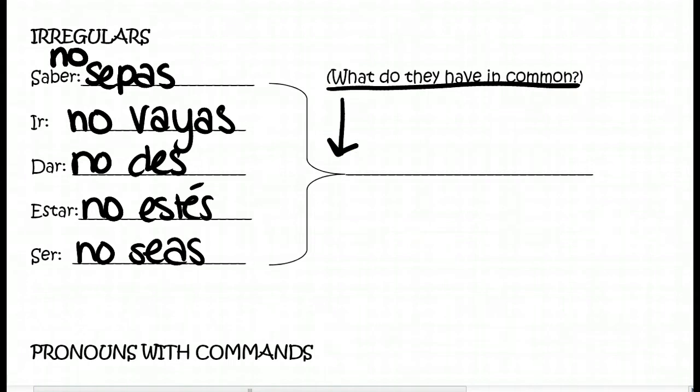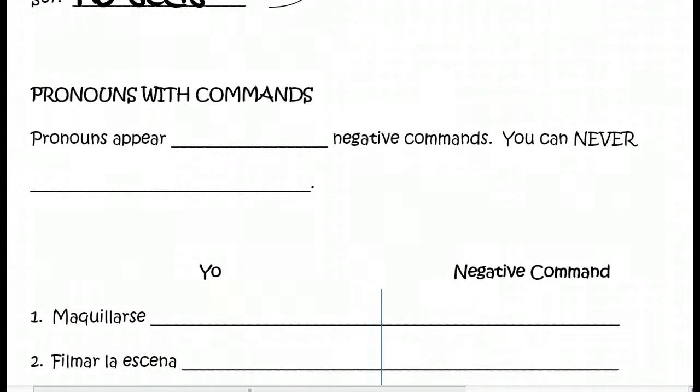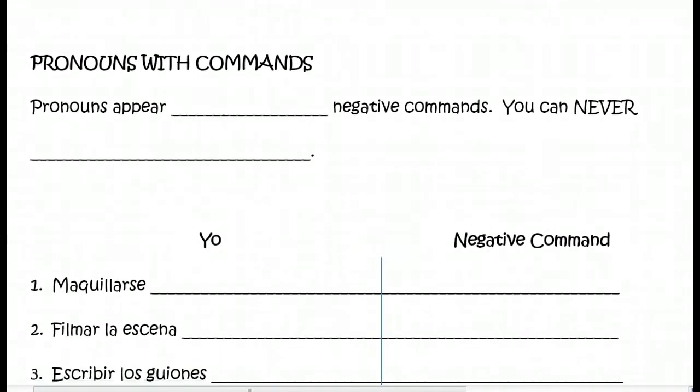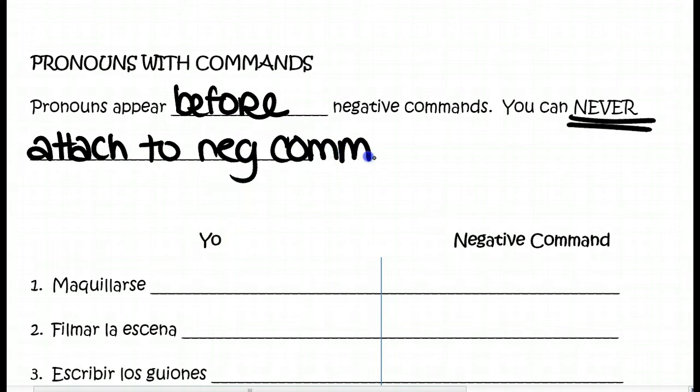Just like how we use commands with direct object pronouns when they're positive, we can also use commands with pronouns when they're negative. But there is something different. Pronouns will always appear before negative commands. You can never attach them to a negative command. It always must come before.